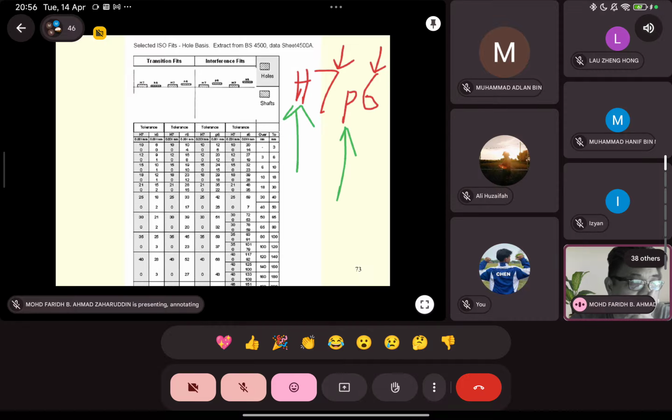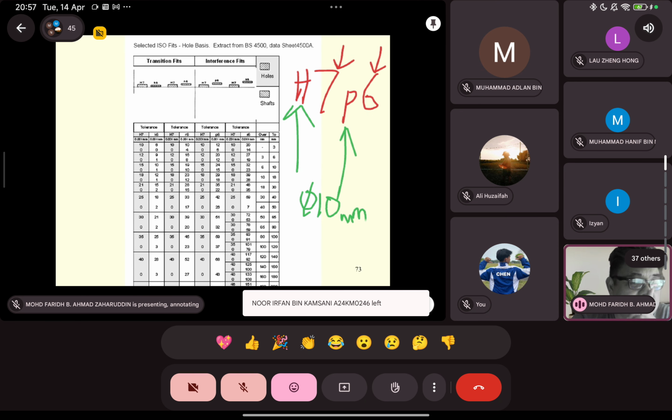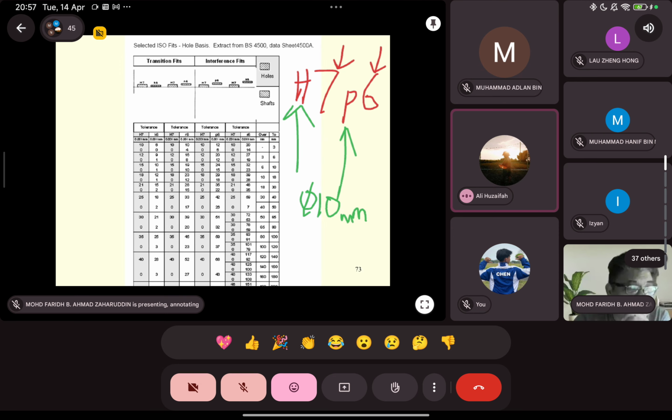Okay, now, if let's say diameter 10 mm. Ali Huzaifah, are you around? Okay, there are 2 rows, one is here, the top one, another one at the below one. Which one we want to choose?